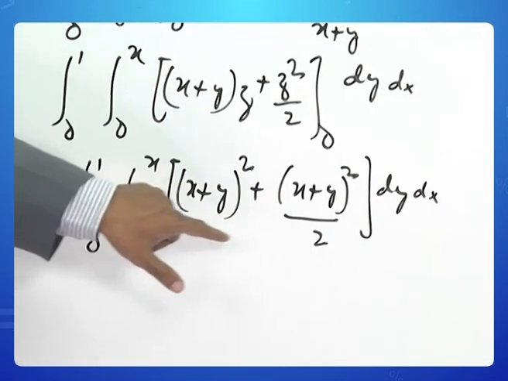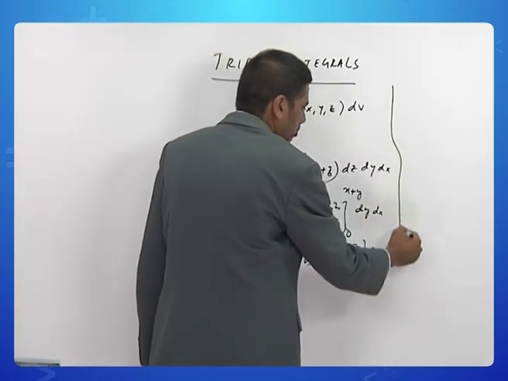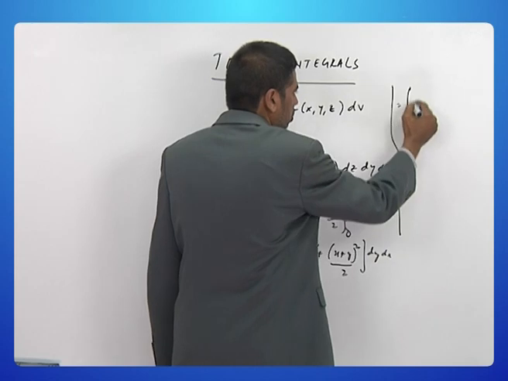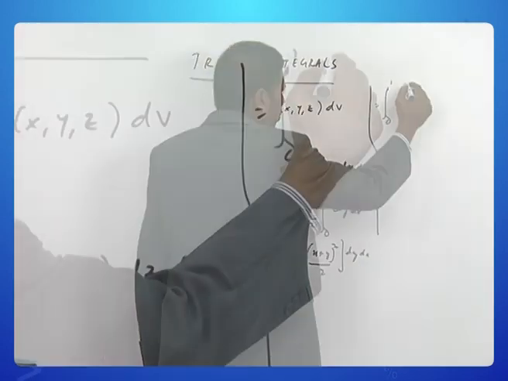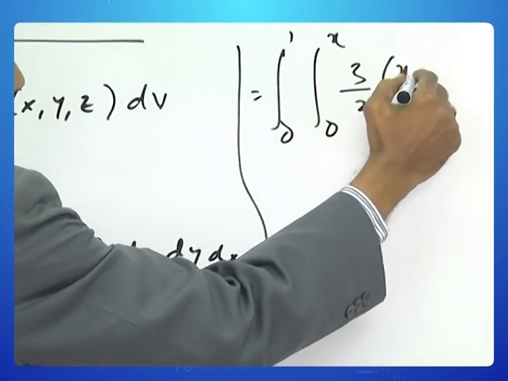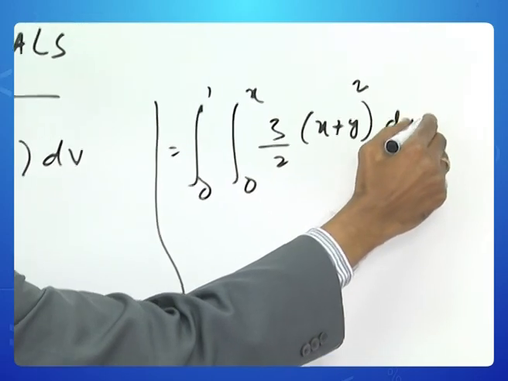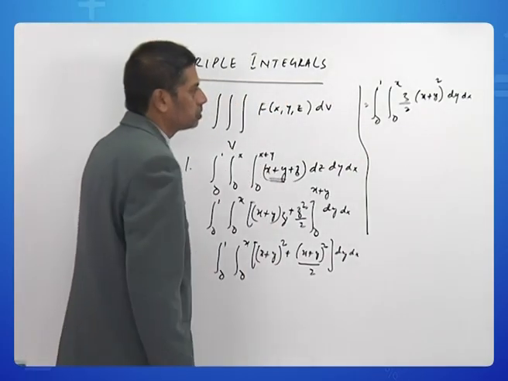These two can be combined and you can make it 0 to 1, 0 to x, 3 by 2 x plus y whole squared dy dx.